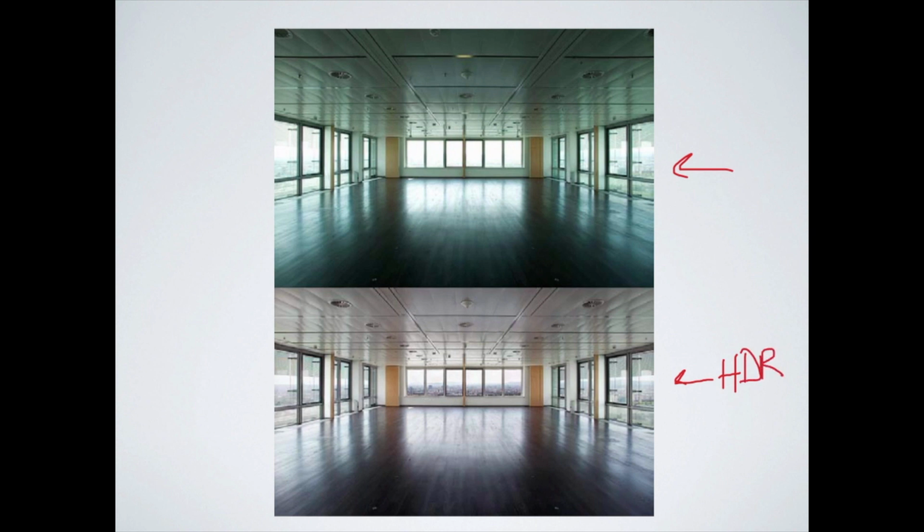So let's say that I'm a real estate agent, or a leasing agent for this building, and I want somebody to want to lease this particular space. If I post the picture on top, you, coming in wanting to lease the space, would look at it and say, yeah, it's kind of a nice open space. I might want to have my office there, or I might want to live there.